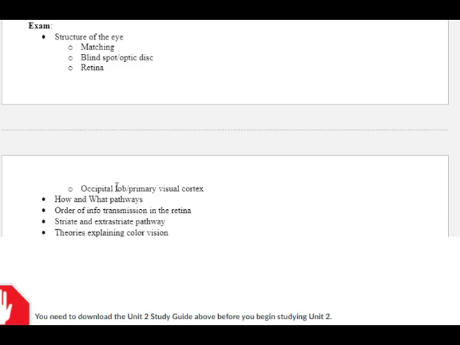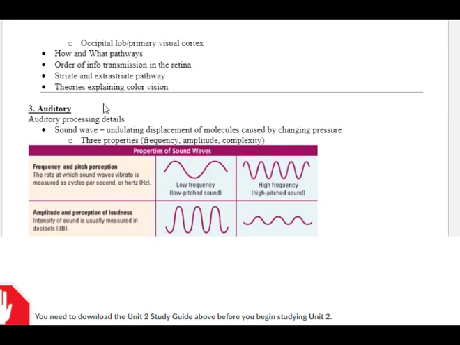The occipital lobe, I might have you label that again, right? I might have you talk about these pathways, the order of transmission in the retina. So there's several things that I could have you actually talk about. I could have you talk about the 2 different color vision theories, that sort of thing. So again, please take advantage of this study guide.